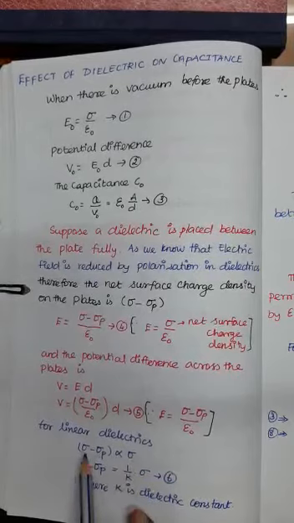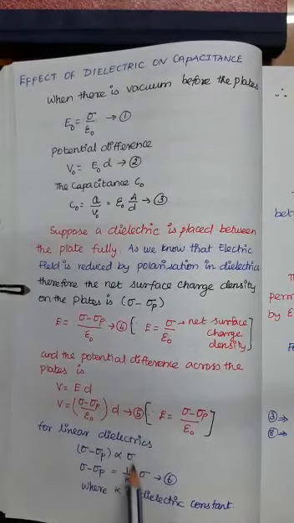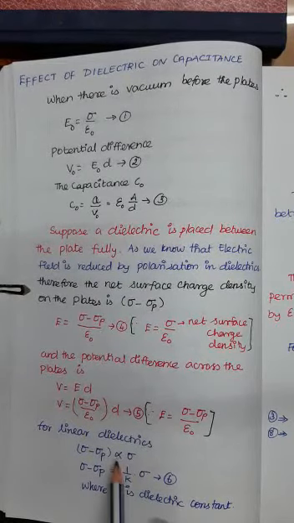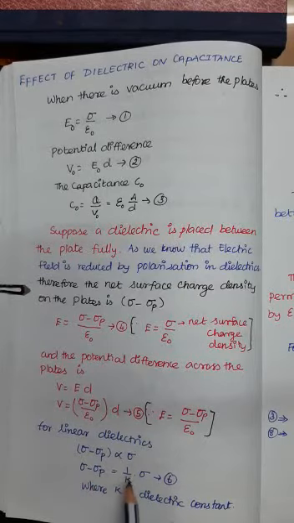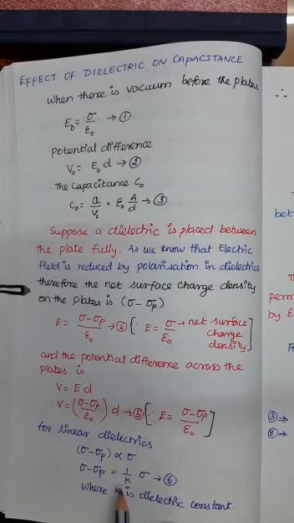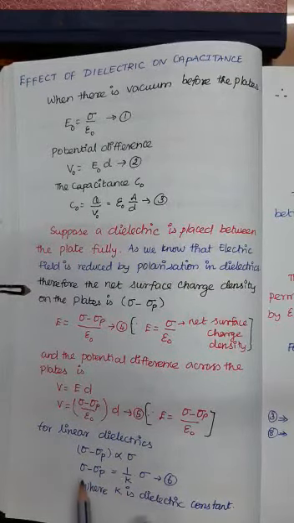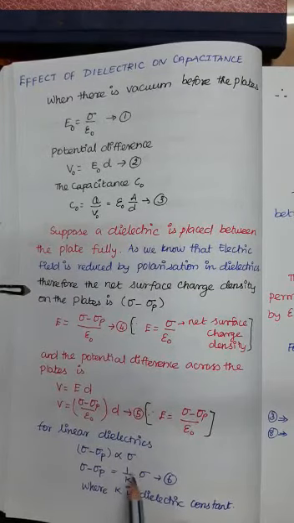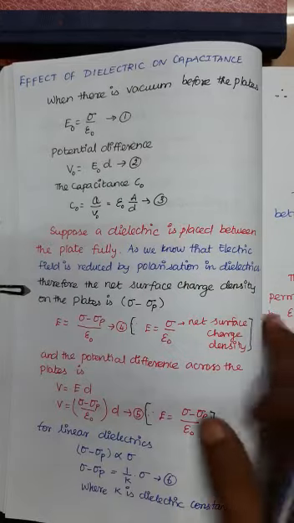So sigma minus sigma p is directly proportional to sigma. To remove the proportionality, we need to add a constant, which we include as 1 by k. So sigma minus sigma p is equal to 1 by k into sigma, where k is called the dielectric constant.